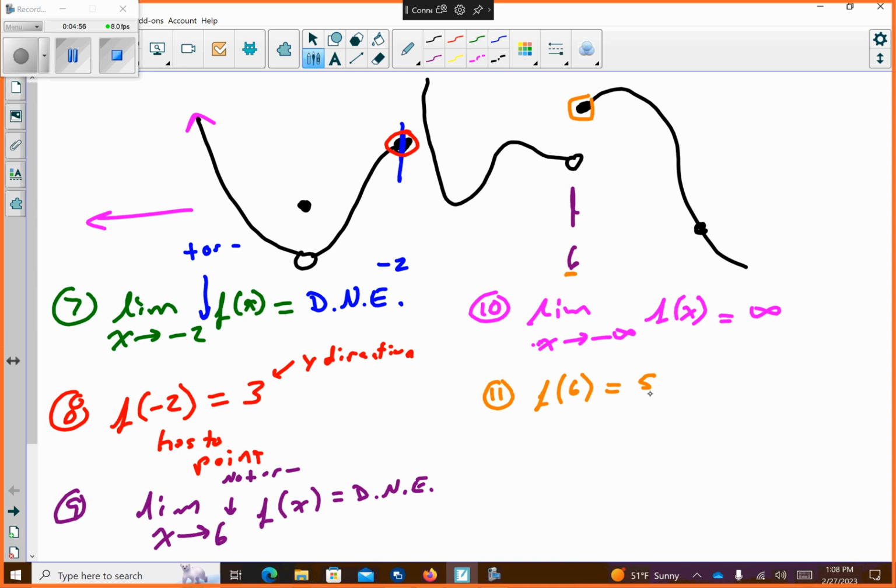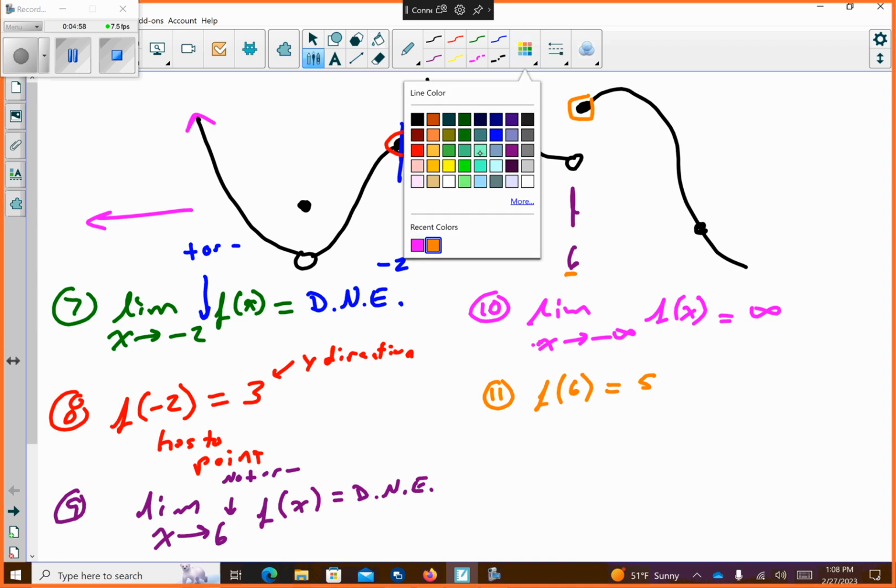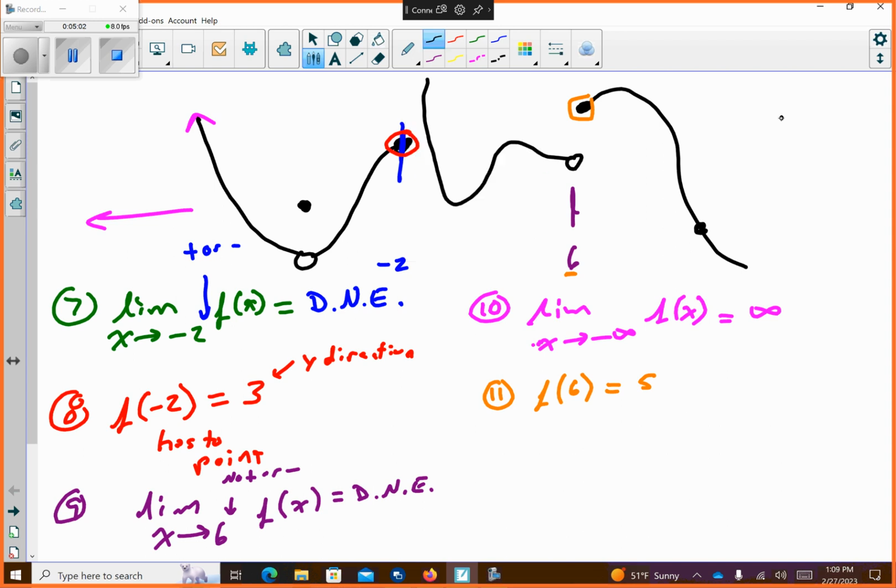Then it's black yet, so we'll go black. All right, number 12. We want the function at 10. So 10 is right here. And that happens to be the point 10 comma 0, so it would be just 0. Okay. Any questions on that official cool page?